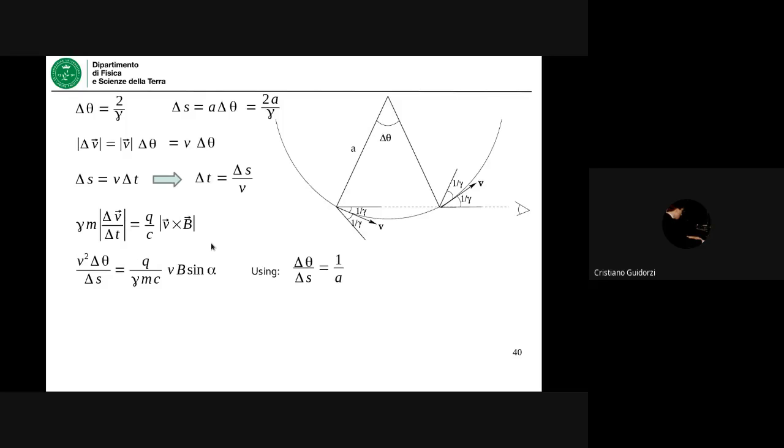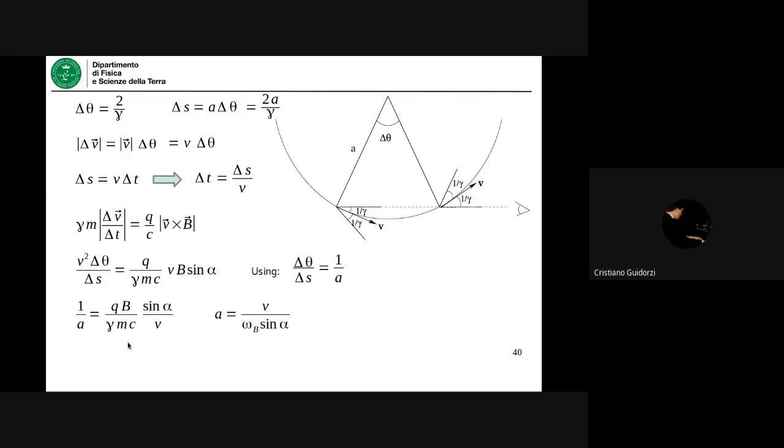Again, remembering that the curvature radius is nothing but delta S over delta theta, and replacing this here, you bring v squared to the other side. So here you have v over v squared, you are left with 1 over v. So 1 over curvature radius is this expression here. If you remember the definition of the gyration frequency, it was QB over gamma mc.